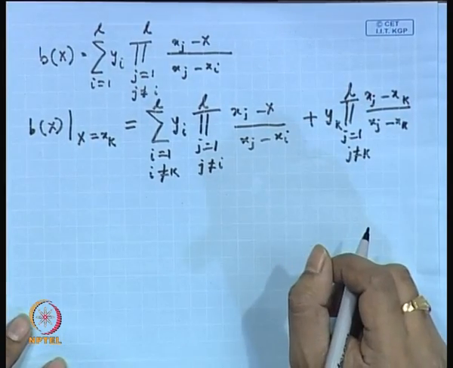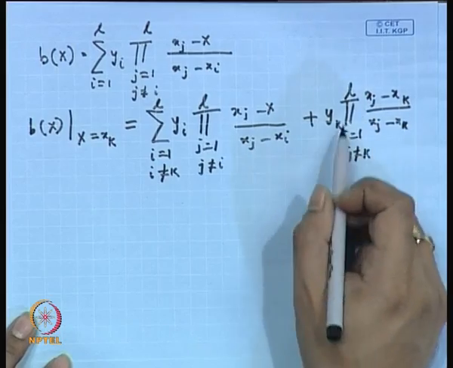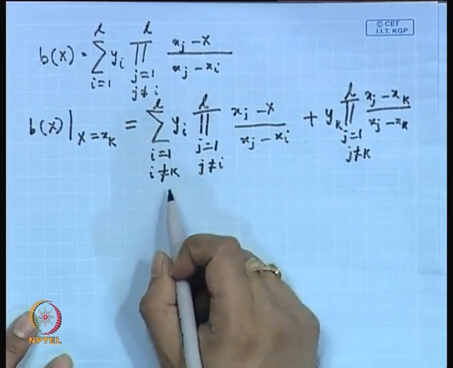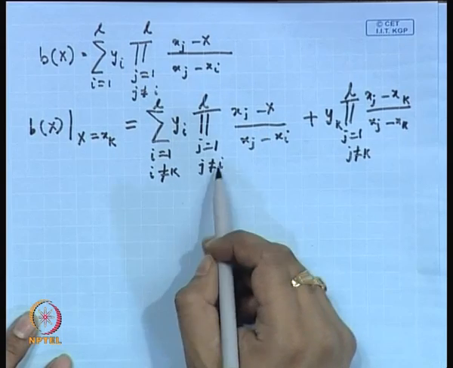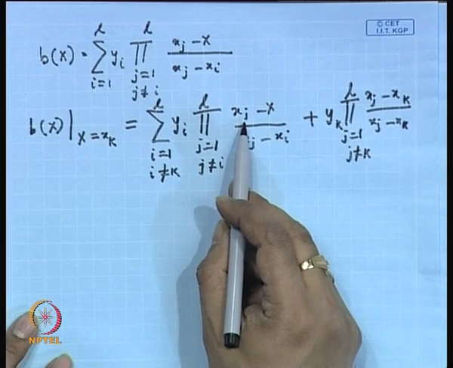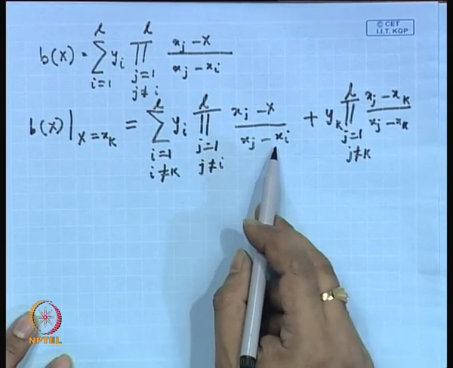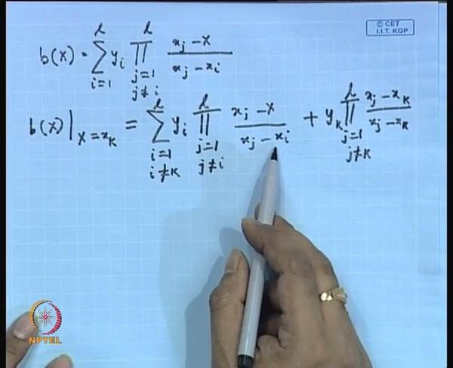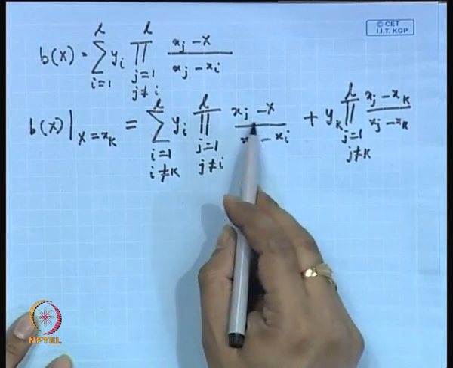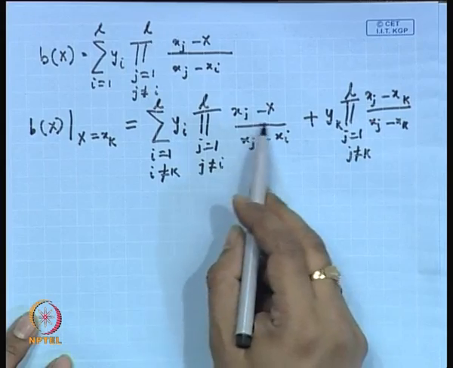Is it correct? So you see that for all these terms, this is 1, right. And for all the other terms, one of the factors will have x_j equal to x_k, which means that this product will go to 0, because there will be one such case where x_j minus x_j occurs.